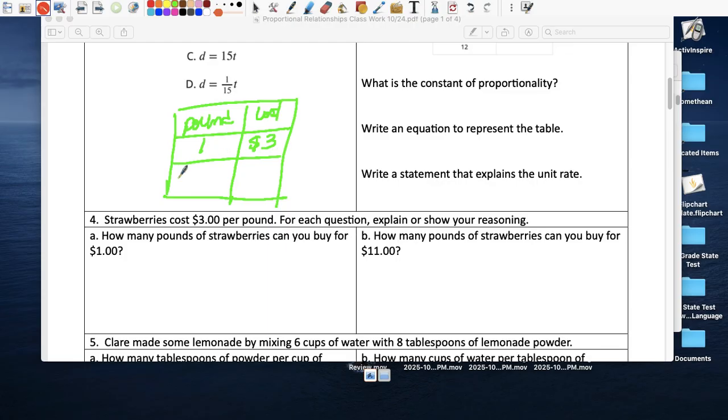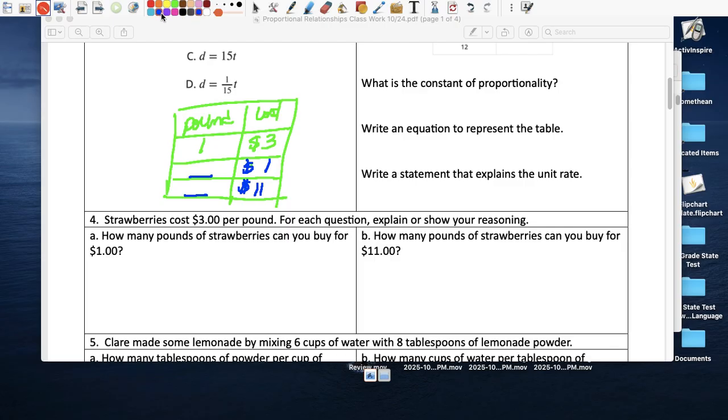That's what I have. The question is, how many pounds of strawberries can you buy for $1? So what if I have $1? How many pounds of strawberries can I buy? Well, we need the unit rate. How many pounds of strawberries can you buy for $11? We're missing this value and this one. We need to know how many pounds.